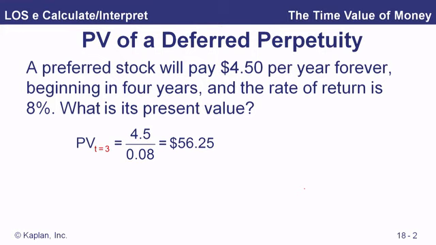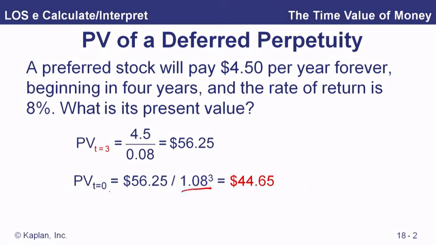So we plug in, we've got the dividend, we've got that discount rate, so we get to $56.25. But that first payment comes 4 years from today. So that value we just calculated, that's a time 3 value. And so now we've got to discount that at 8% to get a time 0 value of $44.64.